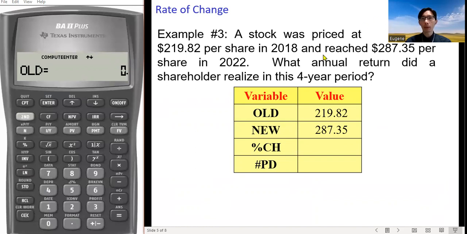We are asked about the return, so this corresponds to the percent change variable. And then number of periods involved. Here we have a 4-year period, and we are asked about annual return, the return per year of this 4-year period. So PD equals 4.